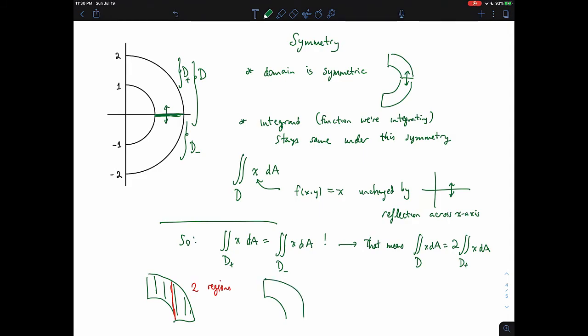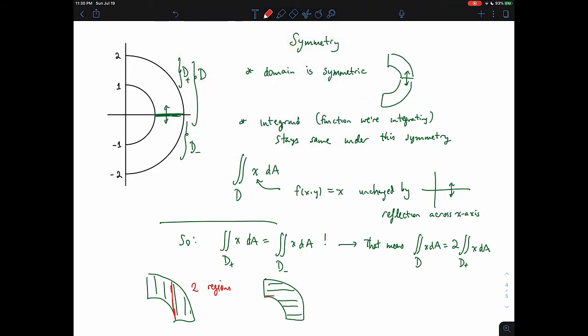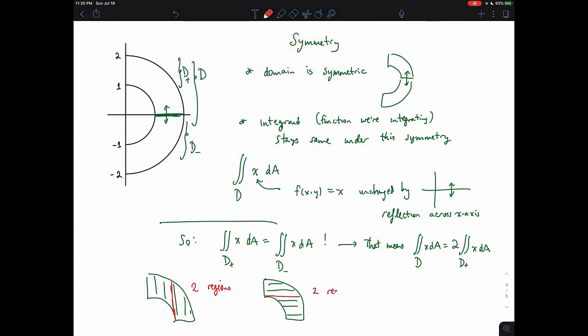Or we could slice horizontally, and then we still would only need two regions. Oh, maybe the horizontal was the first segment and the vertical was the second segment. Well, anyway, either way, it would be simpler than what we've done up to this point. Well, a little bit simpler.